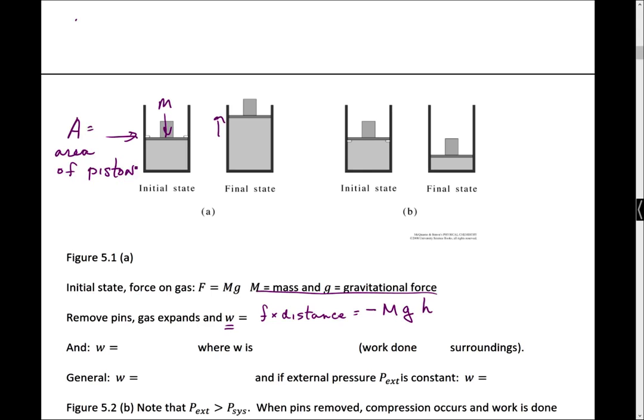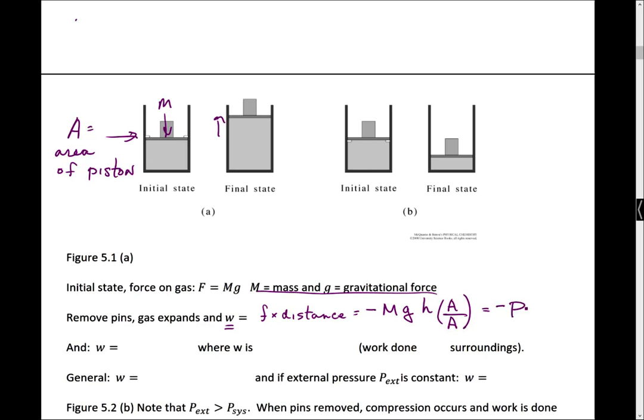What I can do is take this equation and multiply it by A over A. That's 1, right? This is m times g. That's my force. That's area. What's force over area the same as? That's the same as pressure, right?